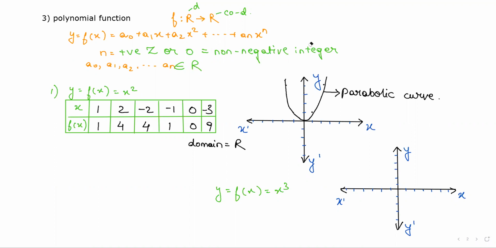So in short, you can say that your range is R positive, a positive value for R. Range means the values that you're obtaining, that you're attaining. R plus. What is your codomain? Now, codomain can be anything. It can be either R plus or R.